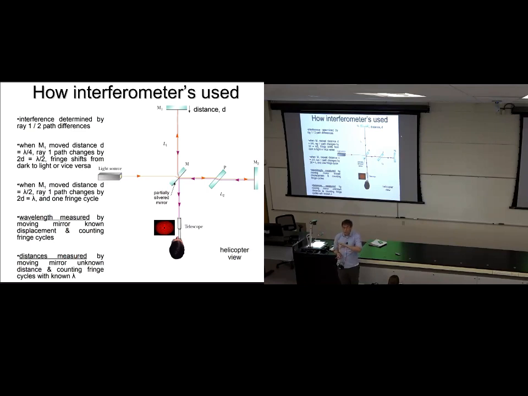Or maybe it started out dark, you moved the mirror by 1/2 a wavelength, you added a full wavelength of extra path for the up-down light ray, you've changed that dark fringe to a bright fringe and then back to a dark fringe. So again, that's one complete fringe cycle, from bright to bright, or dark to bright to dark.